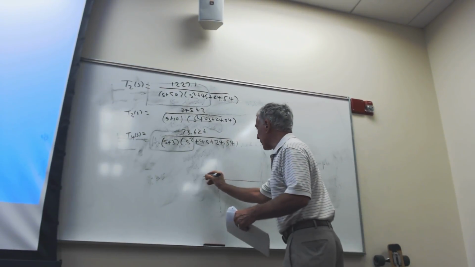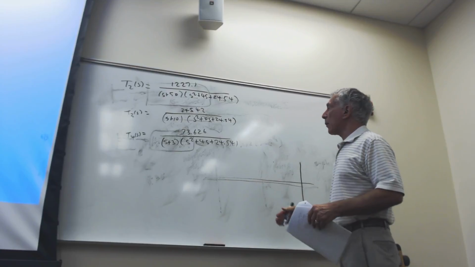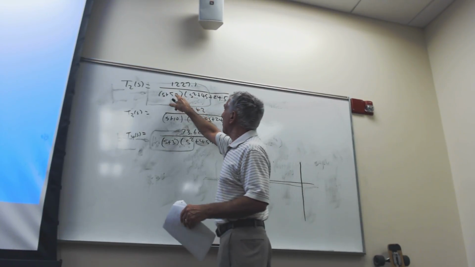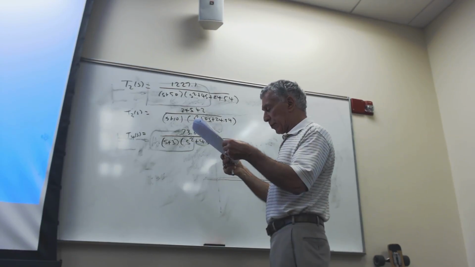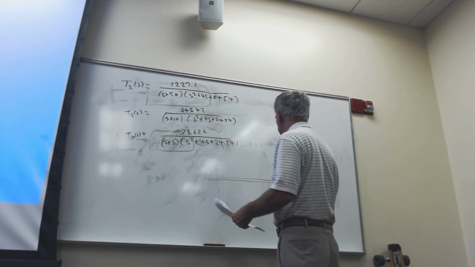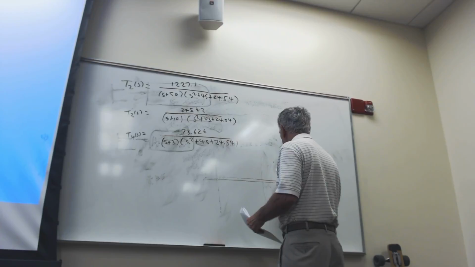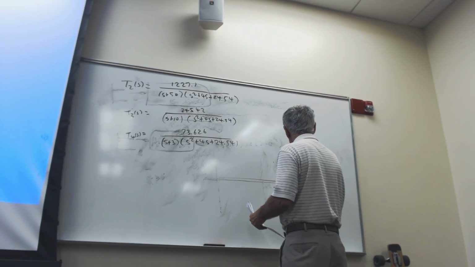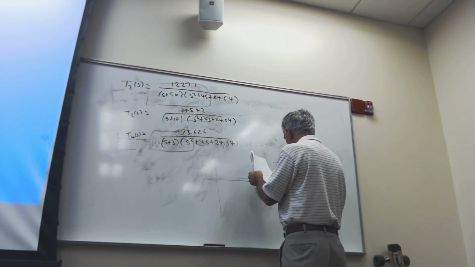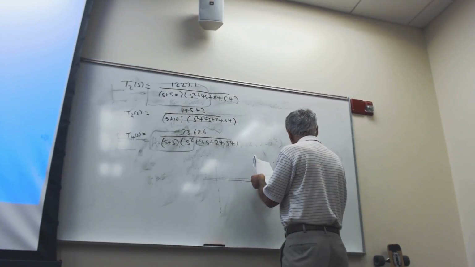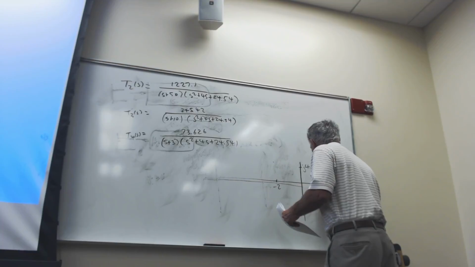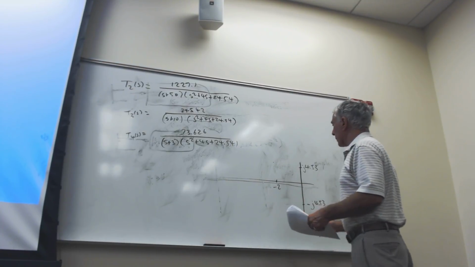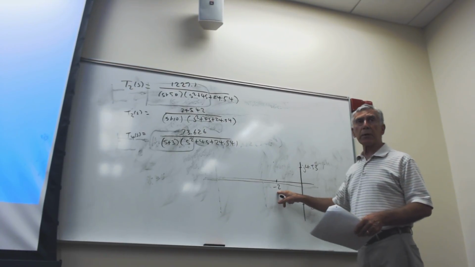If I draw this here, we have a pole at minus 50, and then these poles here, if you solve the quadratic, you get minus 2 plus and minus j 4.53. Down here, minus j 4.53. So we have the real component.